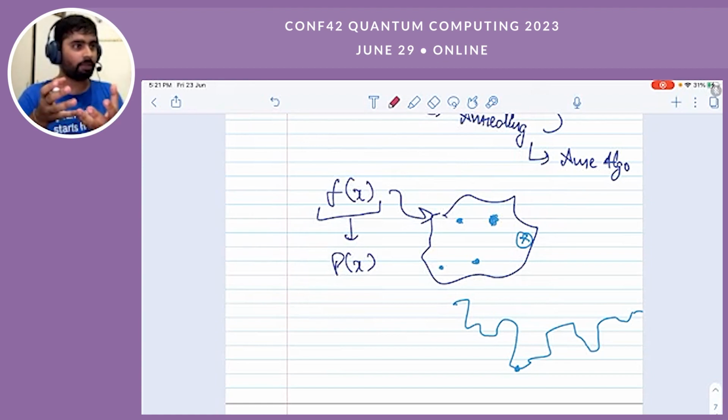Now, when we are talking about classical optimization algorithms, I'll start with the simple gradient based algorithm, like stochastic gradient based or gradient based algorithms. They start with some point x. These algorithms then follow the gradient of the landscape.